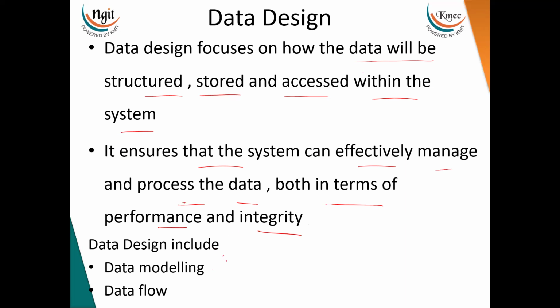Data design includes data modeling and data flow. So data modeling is what? It is the creation of data models. Data flow is nothing but the movement of data between components. Let me write here.